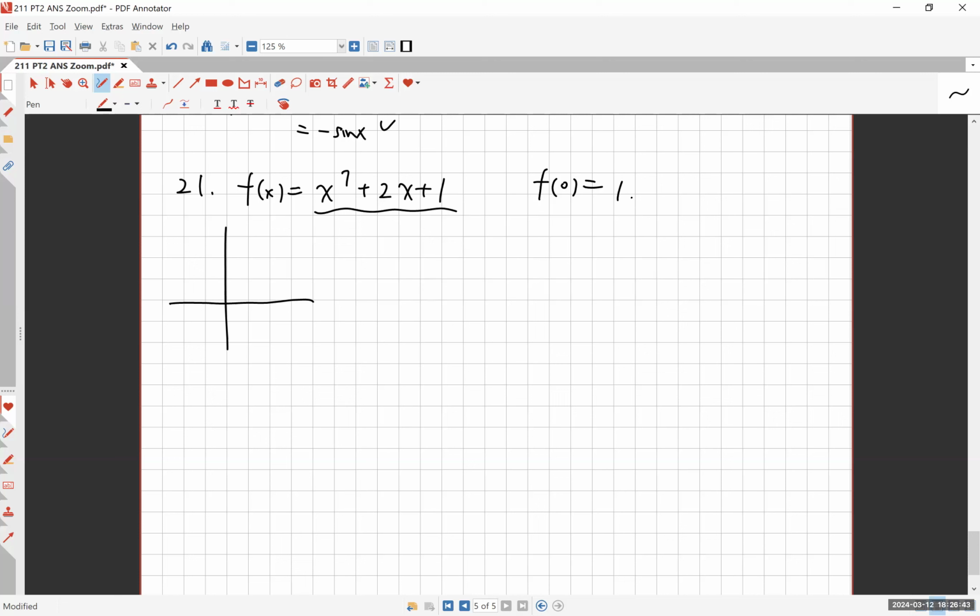So this function, although we don't know what the graph looks like, is going to go through 0, 1. That's right here, okay? And the thing is, you're supposed to find the derivative of the inverse function. So it's going to have to be denoted this way at 1. Okay, that's what you're supposed to find.